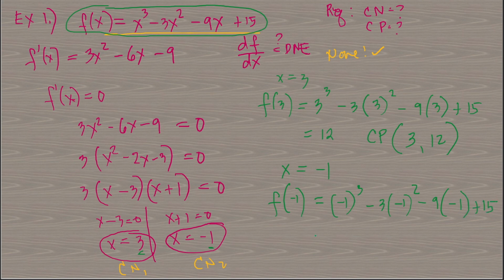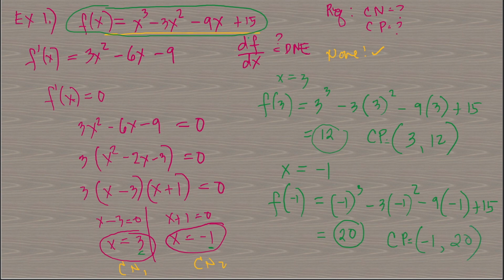Same as before, you may pause the video and evaluate. I have done this one, and my answer here is 20. Please double check. So my second critical point is negative 1, 20.